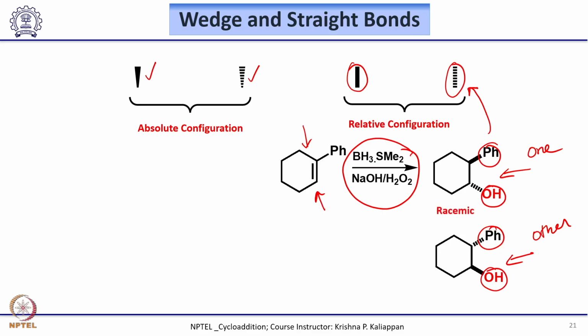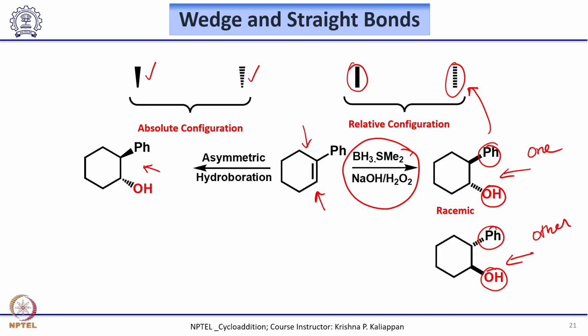However, if you use asymmetric hydroboration on this double bond, depending on which reagent you use, plus or minus, the hydrogen and OH can come from either the alpha or the beta face. If it comes from the alpha, since this is asymmetric hydroboration, you get this enantiomer.